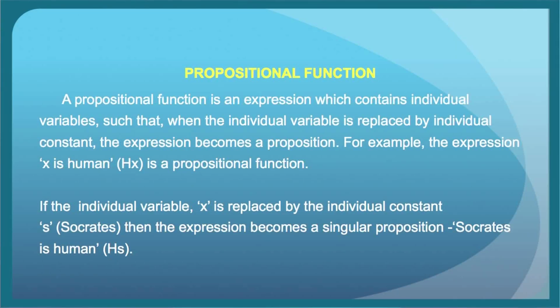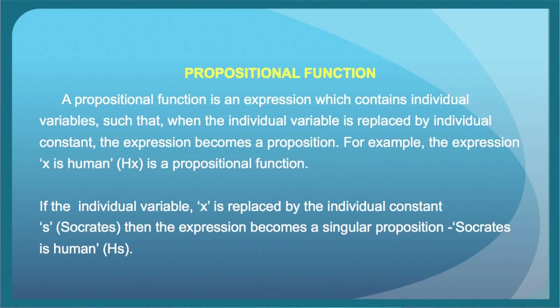Now, what is a propositional function? A propositional function is an expression which contains individual variables such that when an individual variable is replaced by an individual constant, the expression becomes a proposition. For example, the expression x is human, Hx, with capital H and small x.